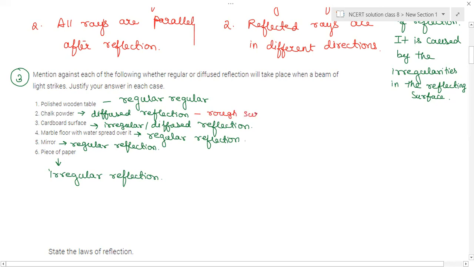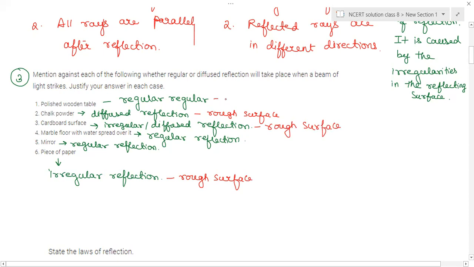Rough surface is the reason for irregular reflections. It is not smooth, it is a rough surface. Such a reason can be given because it has asked you to justify. Usually children forget to do that. They forget to justify even when it is asked.